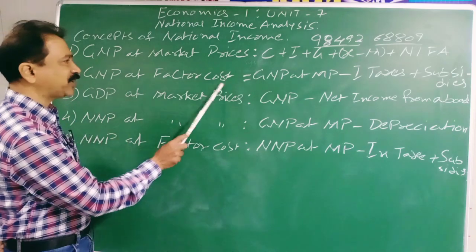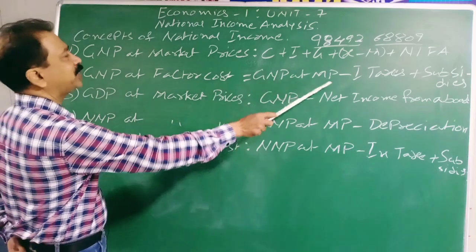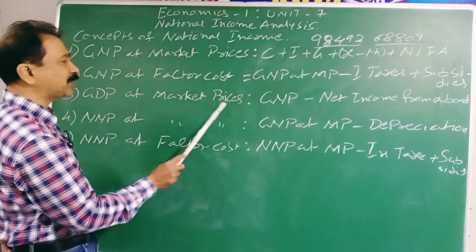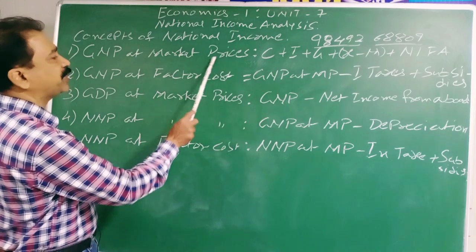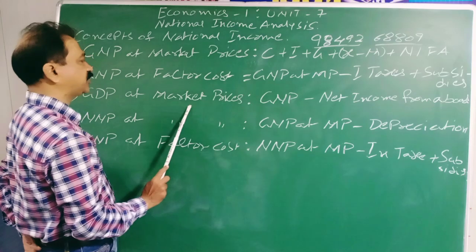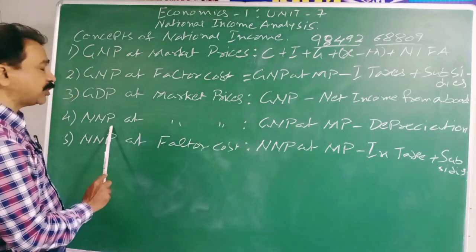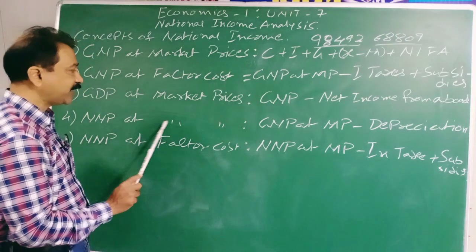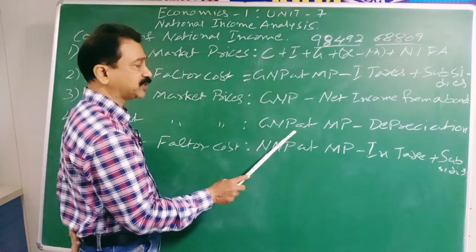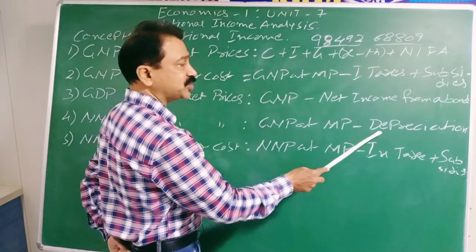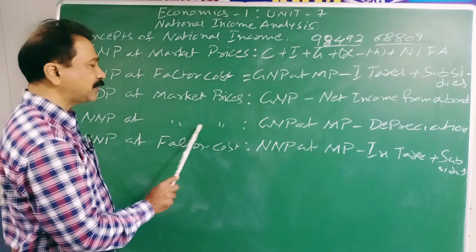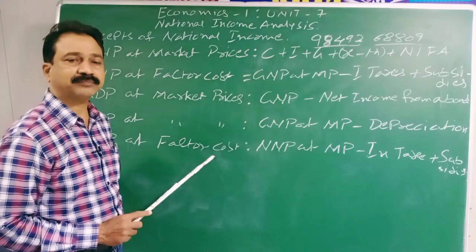To get the GNP at factor cost, we want GNP at market price. To know the GDP, gross domestic product at market prices, again we want GNP at market prices, and remove the net income from abroad. Then you will get it. Here, net national product at market prices equals gross national product at market prices minus depreciation. You will get NNP at market prices.